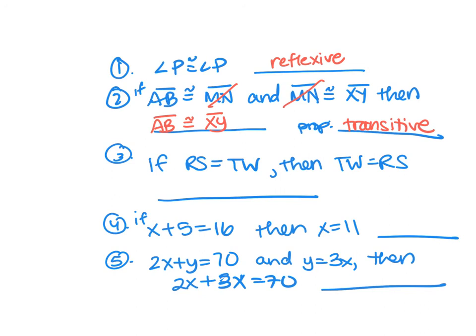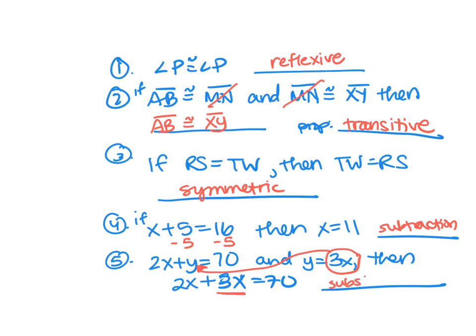If RS equals TW, then TW equals RS, that is symmetric. In this problem, we are subtracting 5 from both sides, so that is subtraction. And in this problem, you may not have realized it, but 3x is being substituted in for y to make the 3x here. So this one is substitution.